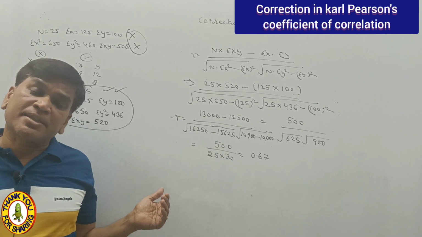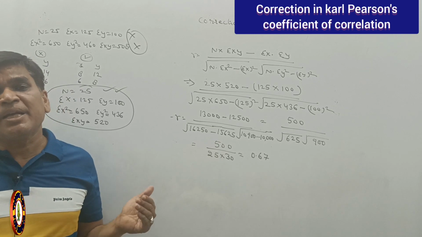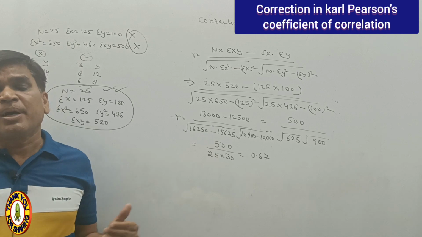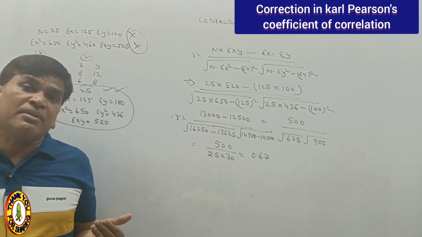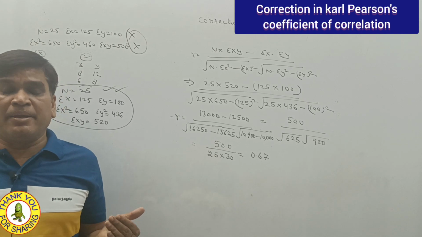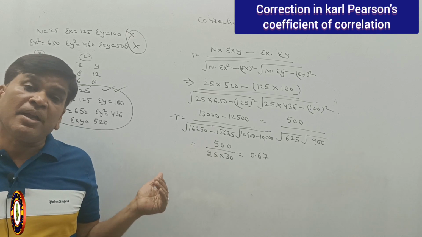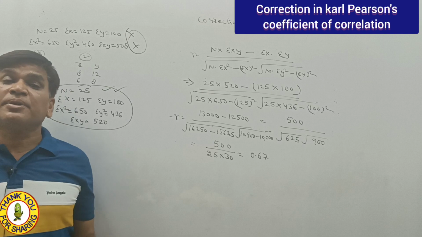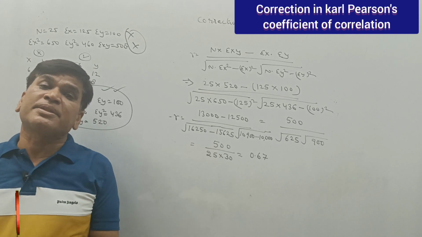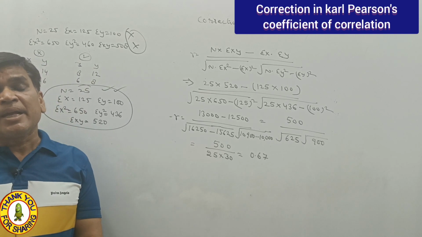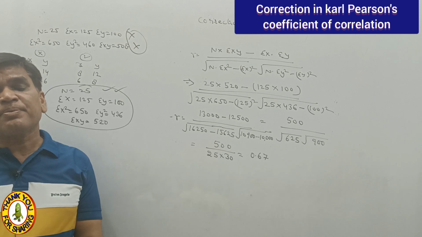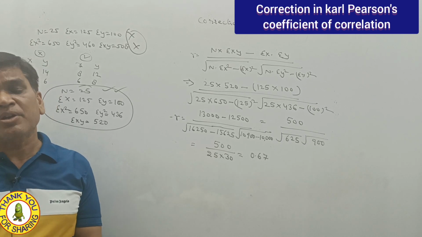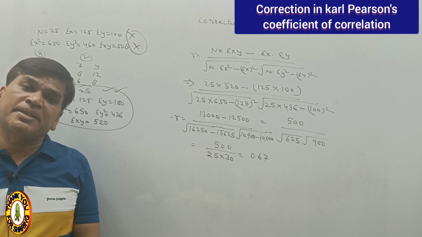Then we correct sigma y square by adding the square of the correct value of y and subtracting the square of the wrong value of y. And lastly we correct sigma xy by adding the multiplication of the correct values of x and y and subtracting the multiplication of the wrong values of x and y.